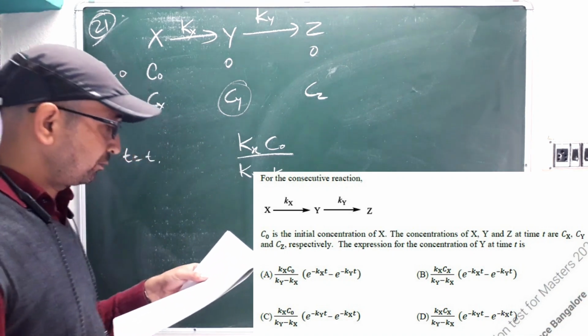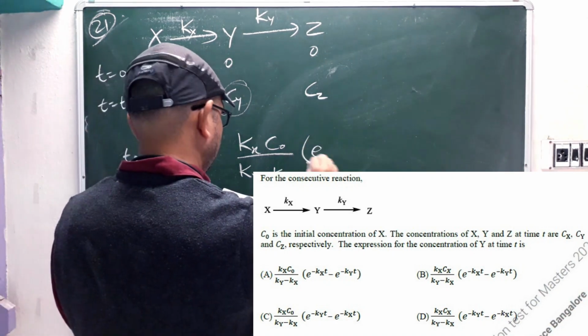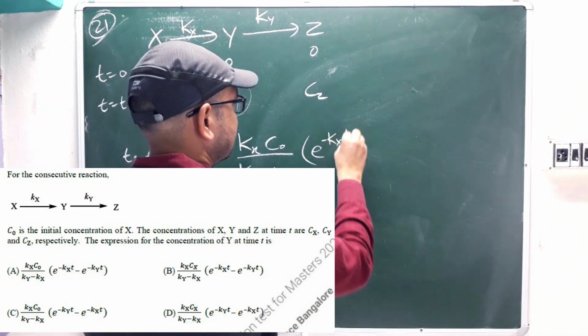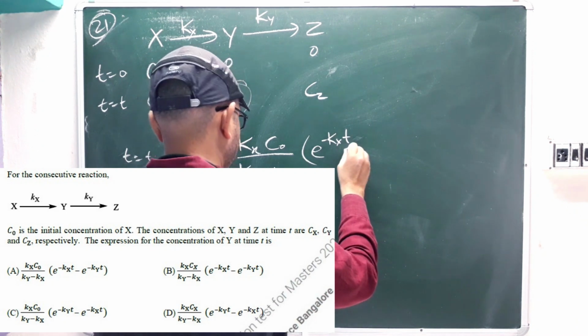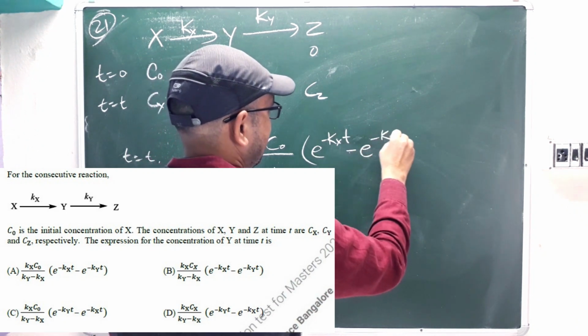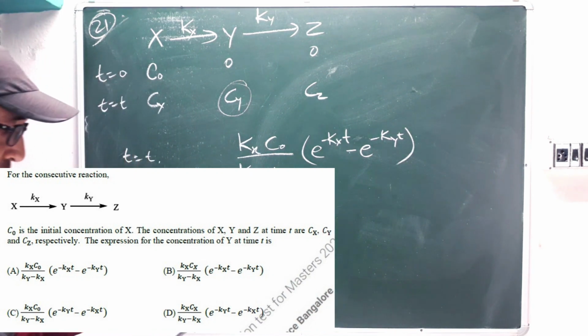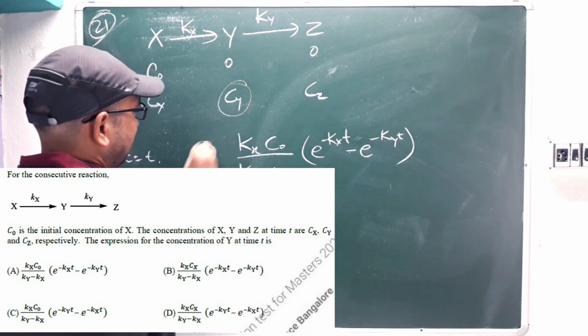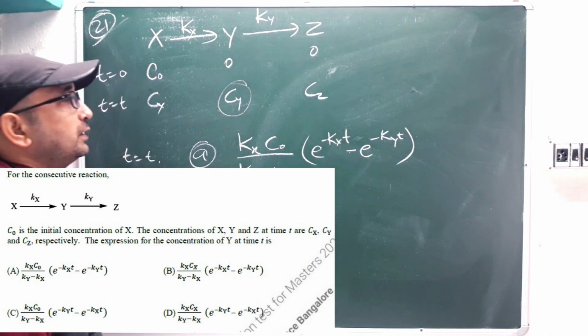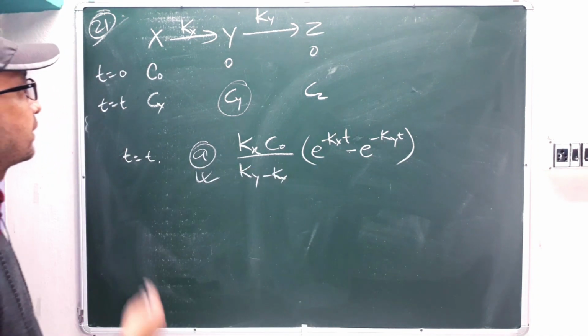Both are the same. The second part should be e to the power minus Kxt and then minus e to the power Kyt. Which one has that? Option A. So option A will be your correct option.